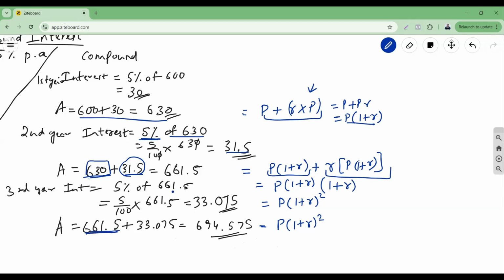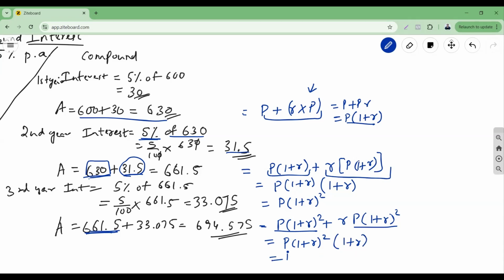This is the amount that I've got before, right? Plus my interest. Interest is going to be R times the previous one, correct? R times P times 1 plus R square. Now, if I take 1 plus R whole square as common, what am I left with? 1 plus R again.